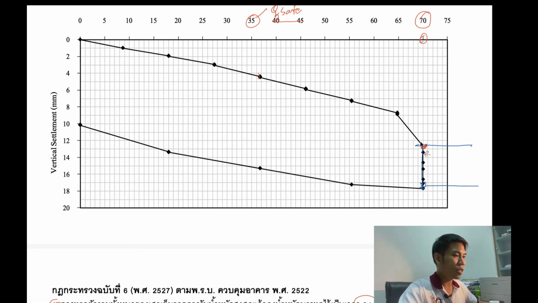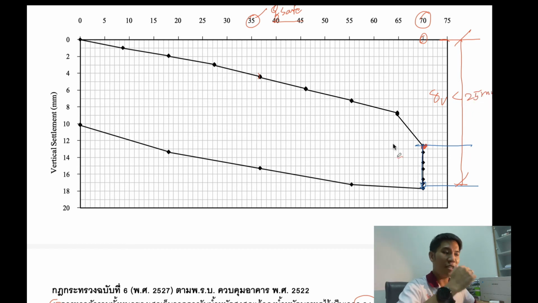The first issue you have to check is that the total settlement should be lower than 25 millimeter. You can see it here.